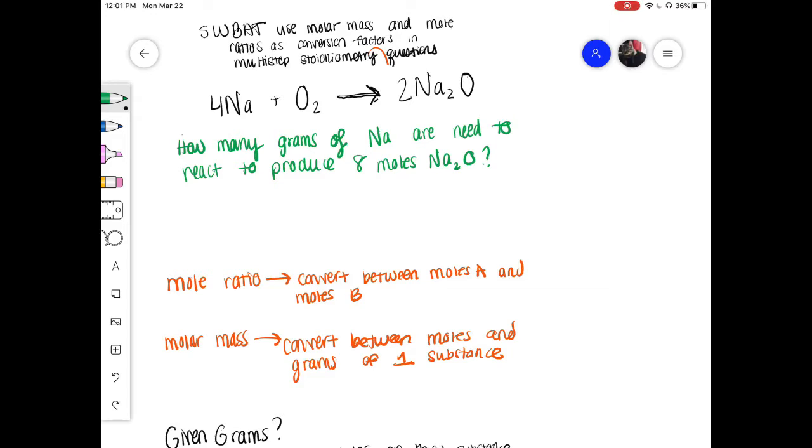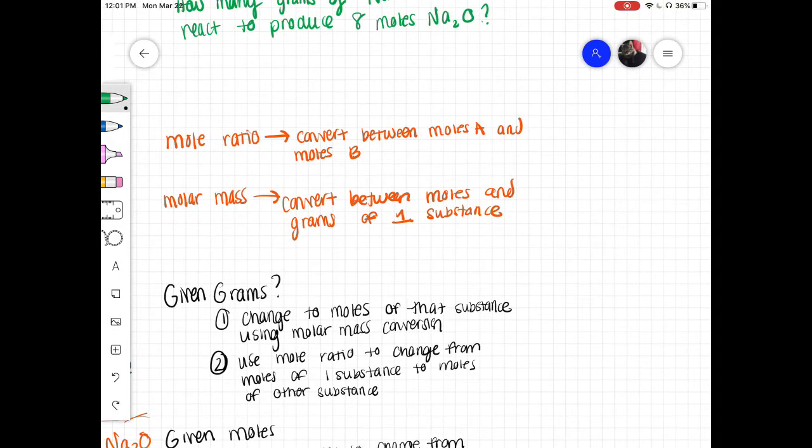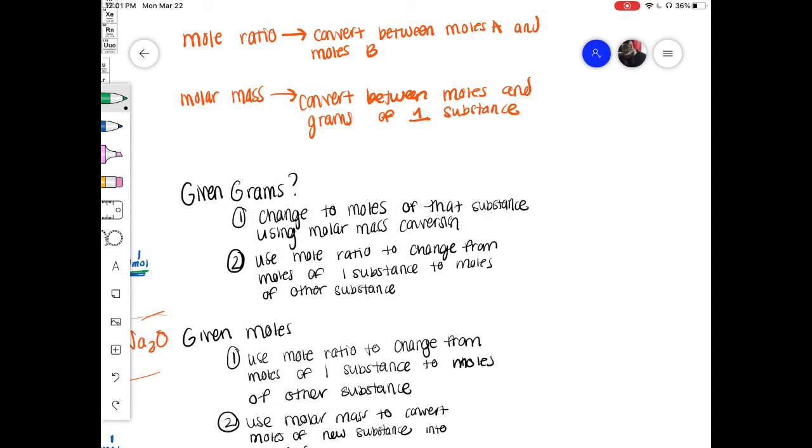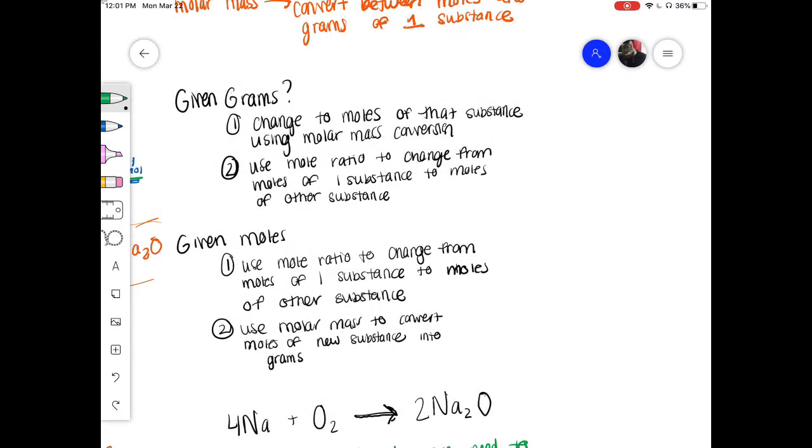And so given these types of problems, there are two ways to go about it. Our first way is that if we're given grams, we want to change to moles of whatever substance we have.